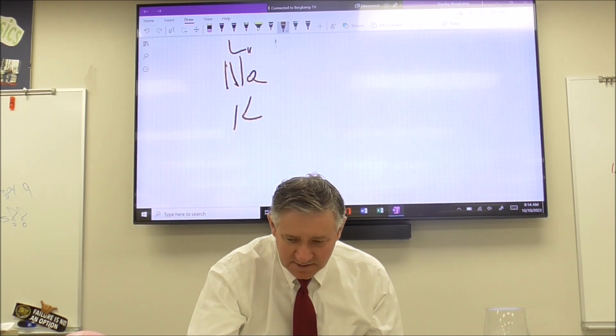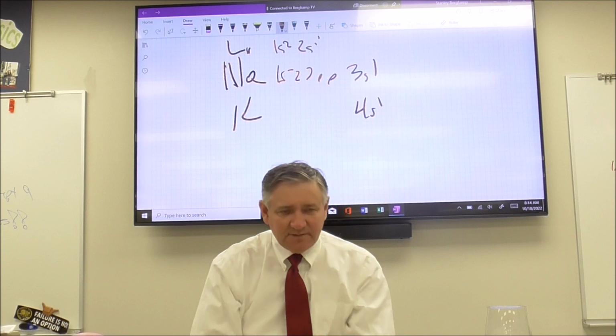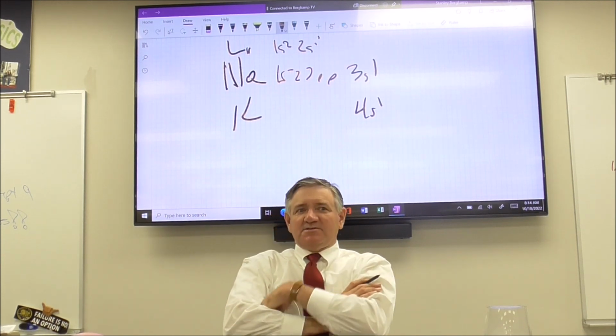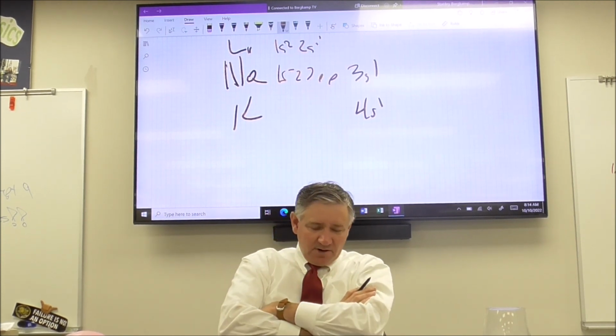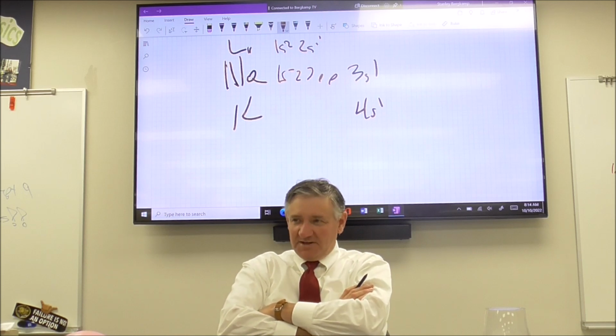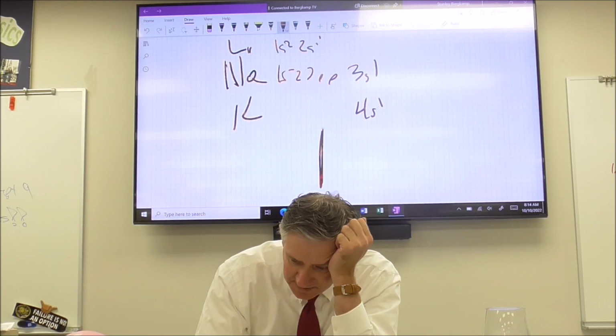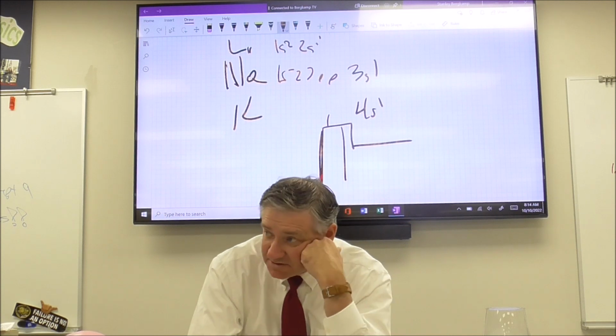Sodium is 1s2, 2s2, 2p6, and then 3s1. Potassium is 4s1. So how many electrons in the highest occupied energy level? 1. Every element coming down this column has 1 outer shell electron.